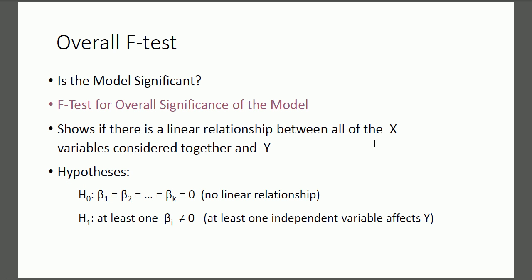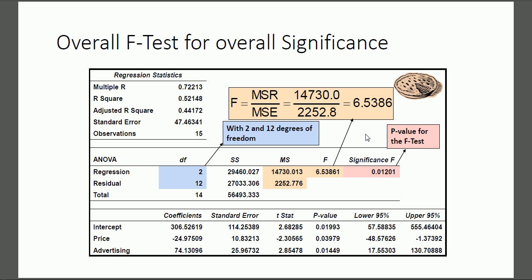Okay, so let's go to the output and see where we get the p-value for this test. So there's a few things associated with this test, but the p-value, it all culminates in this number. Okay, so the p-value for the overall F-test in the pie sales data that we just looked at was 0.01201.